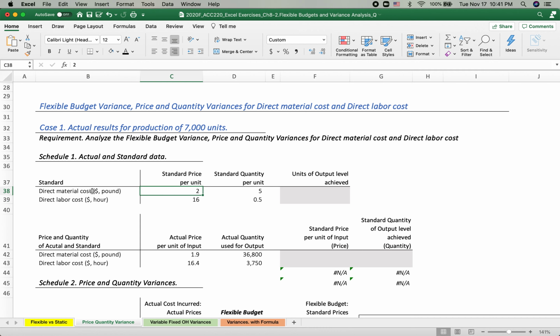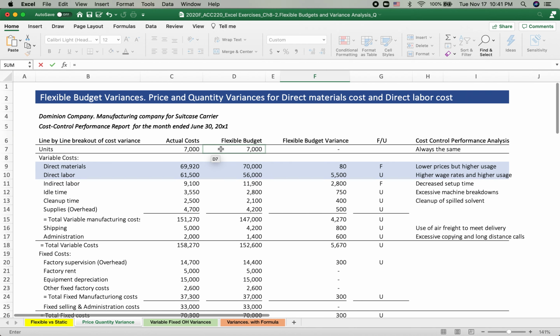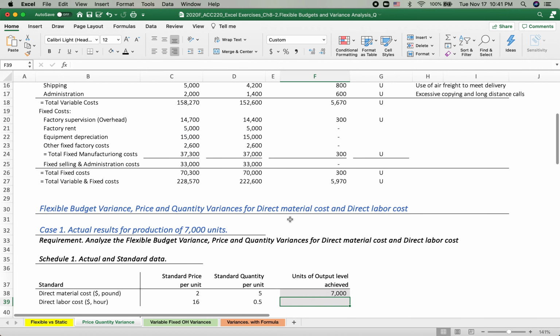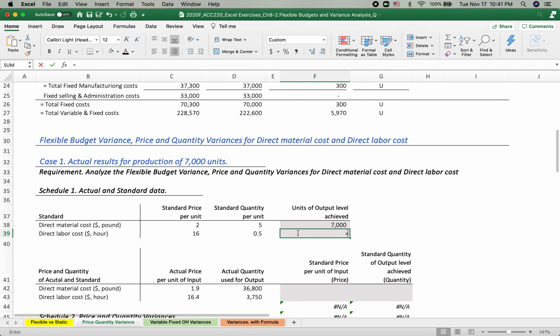And the standard quantity per unit is 5 pounds for the direct material and 0.5 hour for the direct labor. Okay, that is the standard information. And the units of output level achieved, we found 7,000, right? Where is the 7,000? There you go, 7,000, which is the same as actual. So we use this 7,000 identically.